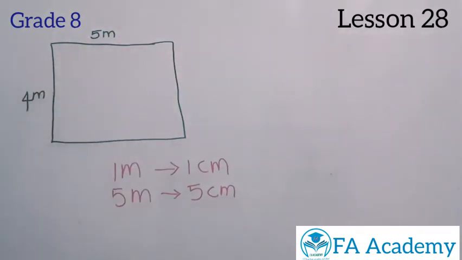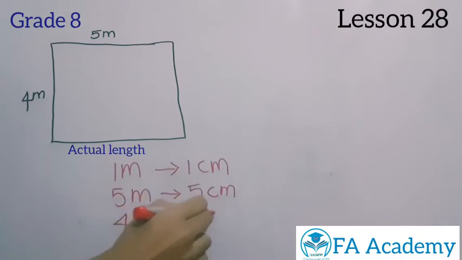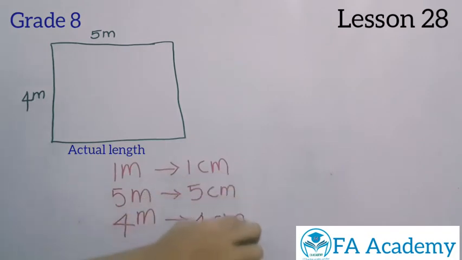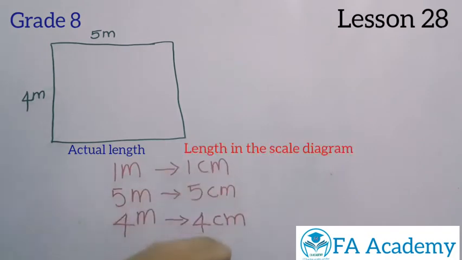Now let's see for 4 meters. We assume that 4 meters will be how much? 4 centimeters. Okay, so 4 meters will be 4 centimeters. We are going to draw the scale diagram according to these measurements, not the actual measurements which we found now.